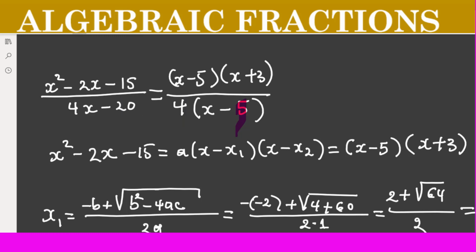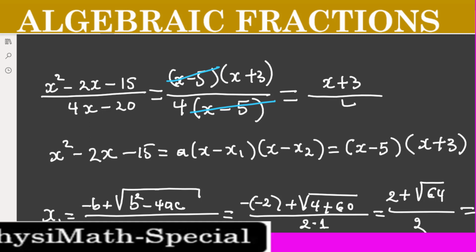Now right, see, these factors cancel out, you get x plus 3 over 4.